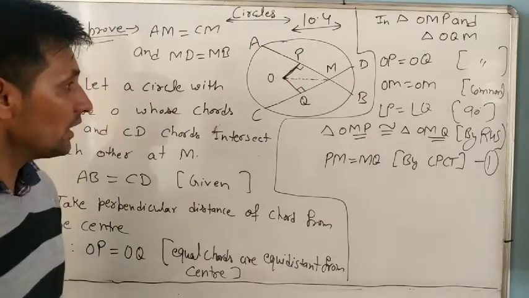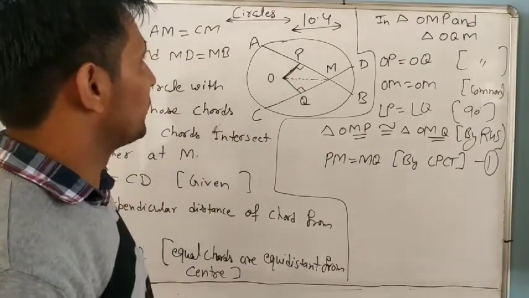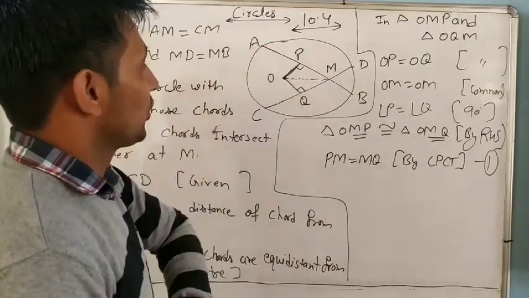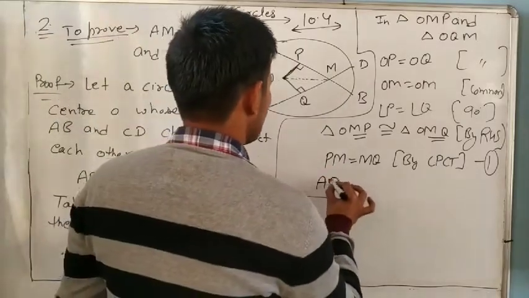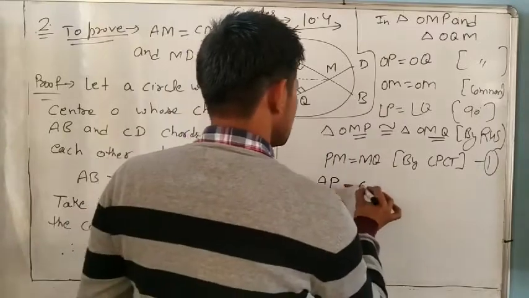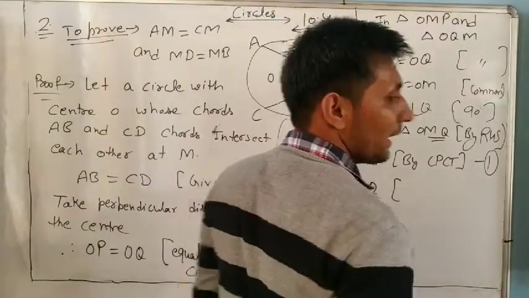Understand? Now we want to prove that AM equals CM. So PM equals MQ, and also AP equals CQ. Why?